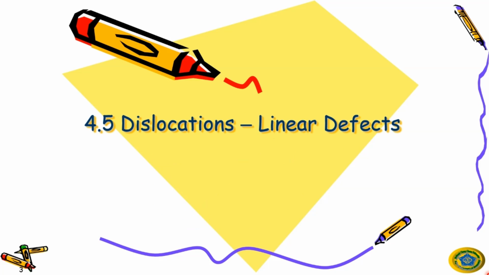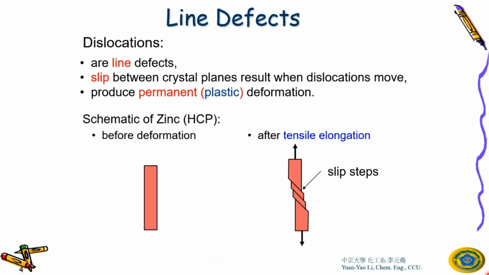Okay, so let's talk about dislocation in section 4.5. Dislocation is also called linear defects. So what are linear defects? We call them line defects, which are dislocations. Normally dislocations occur when slip between crystal planes results as the dislocation moves. This goes by slip steps.